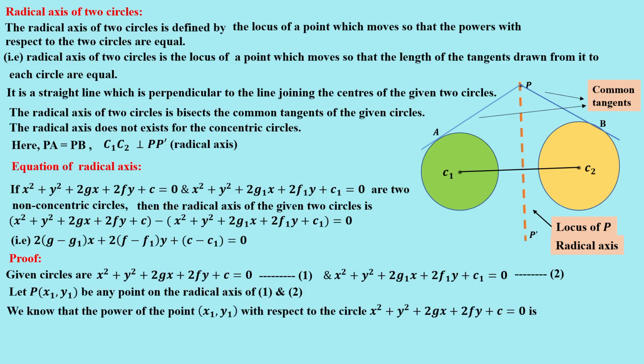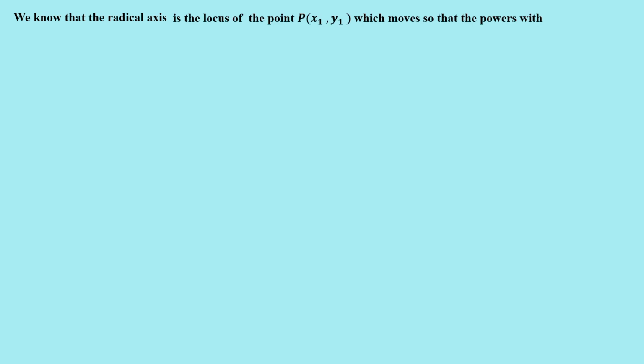We know the power of the point (x1, y1) with respect to the circle x square plus y square plus 2gx plus 2fy plus c equal to 0 is x1 square plus y1 square plus 2gx1 plus 2fy1 plus c, right? We know that the radical axis is the locus of the point which moves so that the powers with respect to circles 1 and 2 are equal.